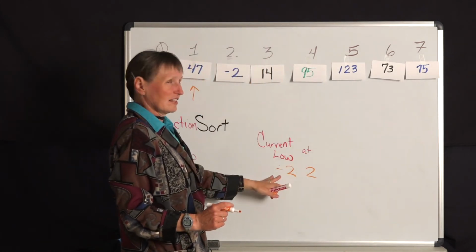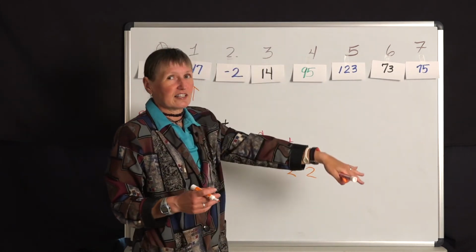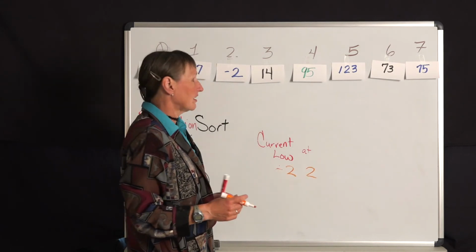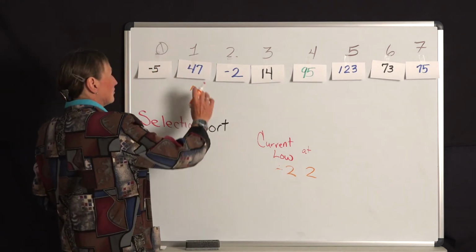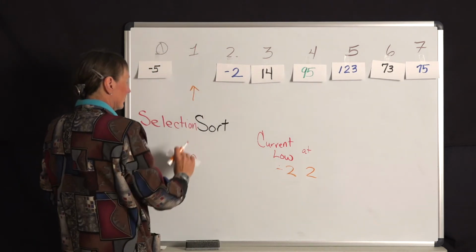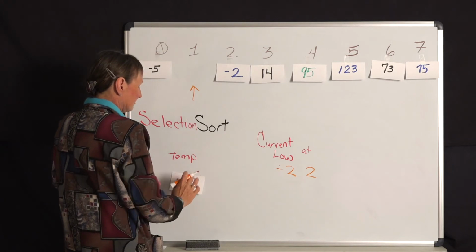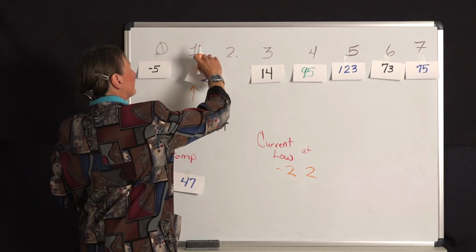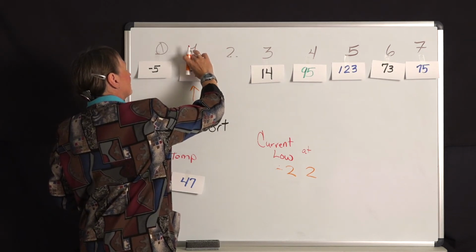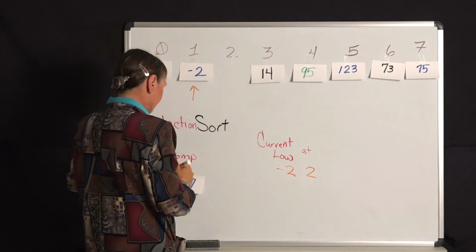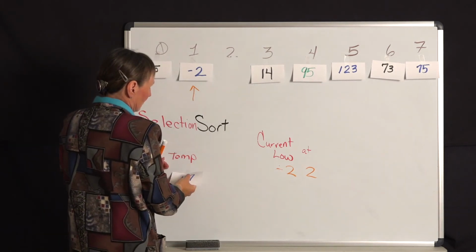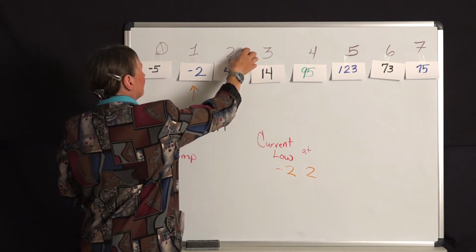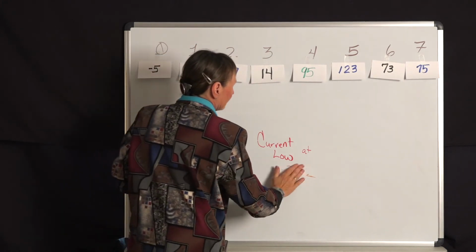They are all greater than -2, so we've gotten through the entire list now. We say this is our lowest one. So what we do is we put 47 in the temporary location, and we move -2 to location 1. We move 47 to the index that the lowest value was at.